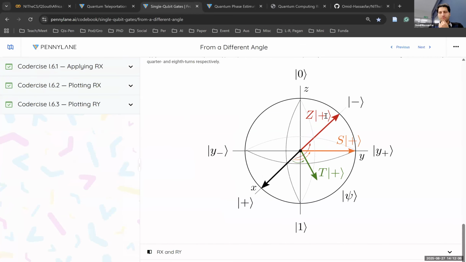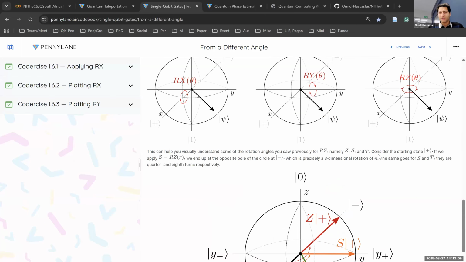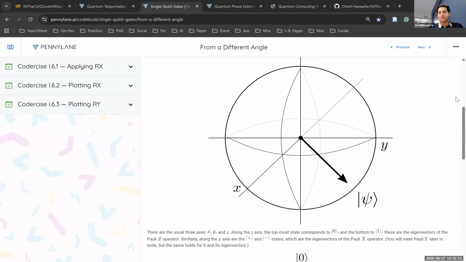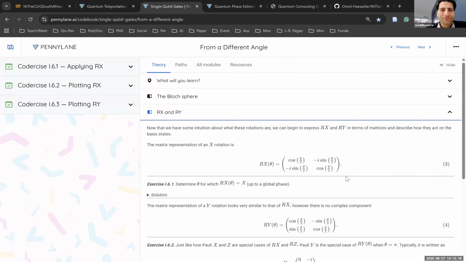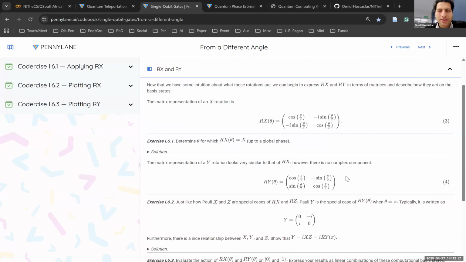There are some nice exercises here, but this is not about the 3D representation. I think the exercises verify what I mentioned: if you specify pi as the angle, the rotation around the z-axis is exactly equivalent to Z. You can also do it for the x-axis: if you specify pi for rotation around the x-axis, it is exactly equivalent to Pauli X, and for y as well.